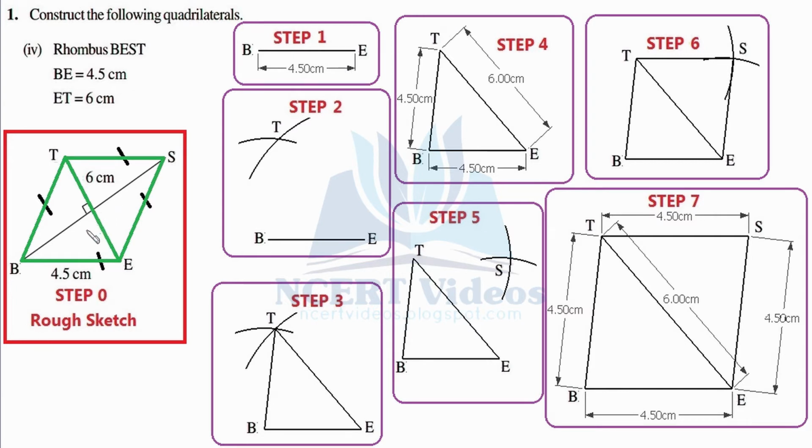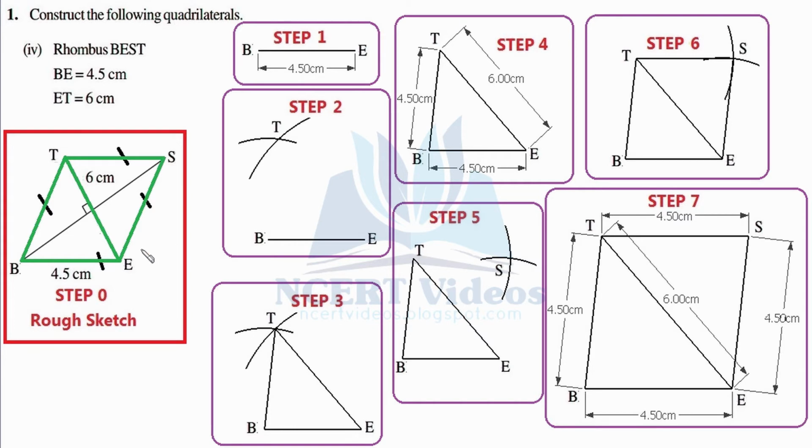In the second step, we try to find this point T, which is at a distance of 4.5 cm from vertex B and at a distance of 6 cm from vertex E. So we will adjust our compasses at a distance of 4.5 cm and we will put our needle at B because we are considering the length of this line segment BT. So putting our needle over here, we have adjusted our compasses at a distance of 4.5 cm. We shall draw this arc.